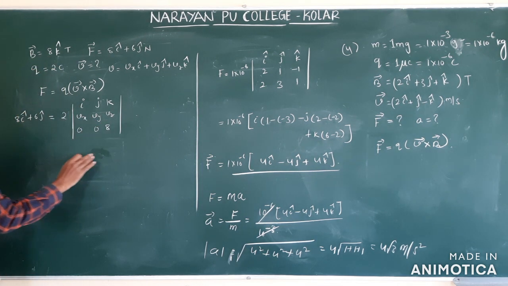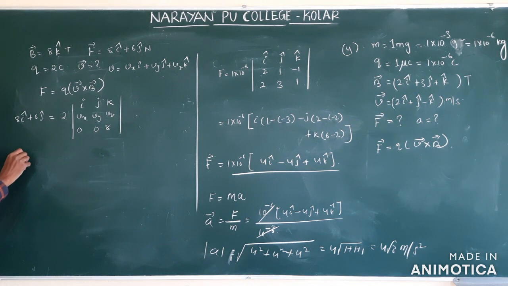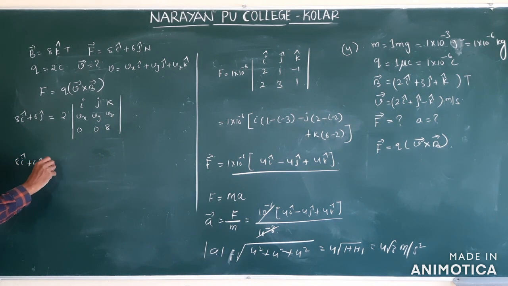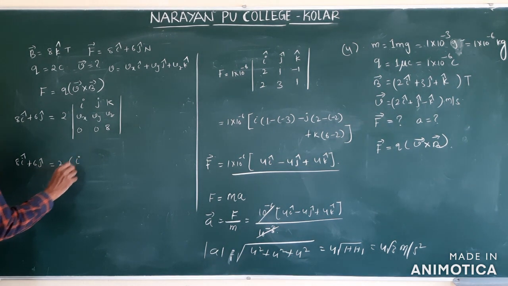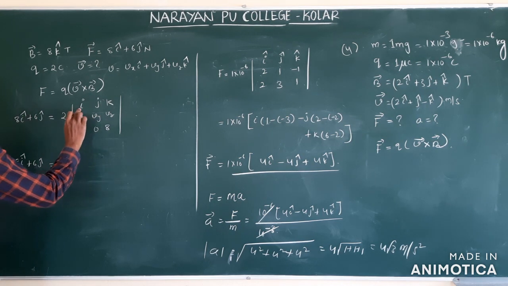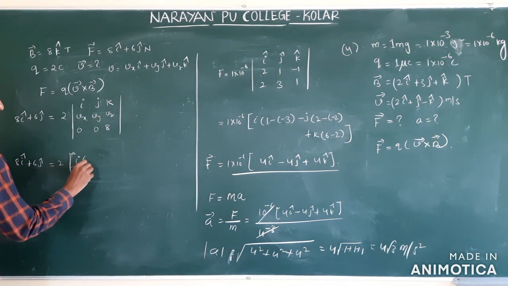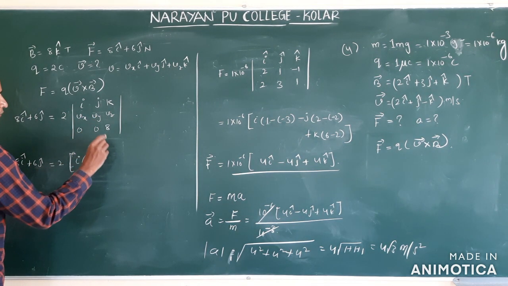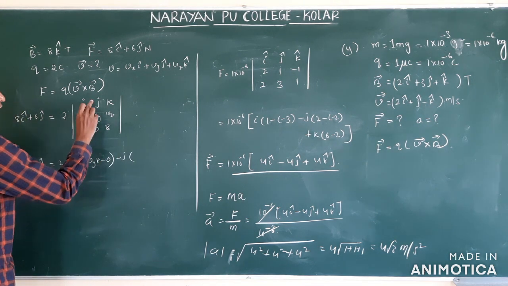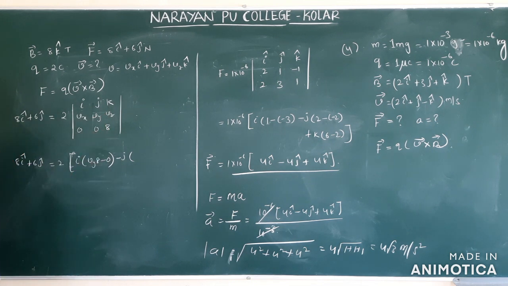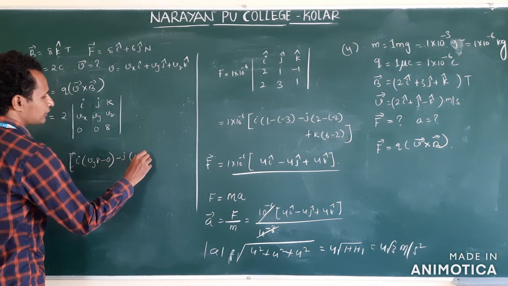Clear? Now 8 i cap plus 6 j cap equals 2 into the i component. What do you get? i (Vy 8 minus 0). Minus j, leave this and this. What do you get?